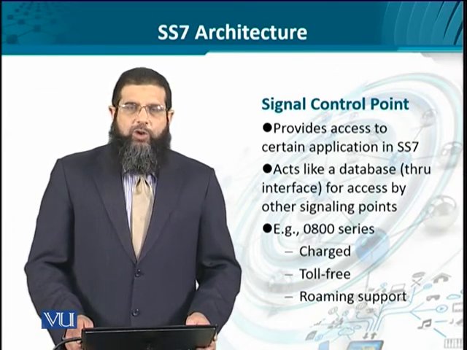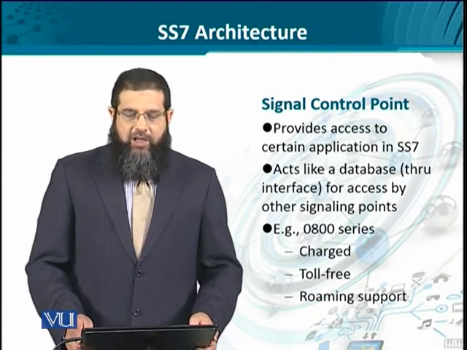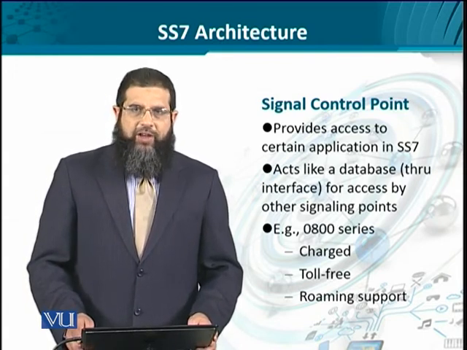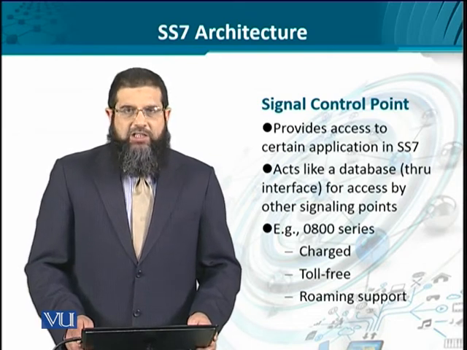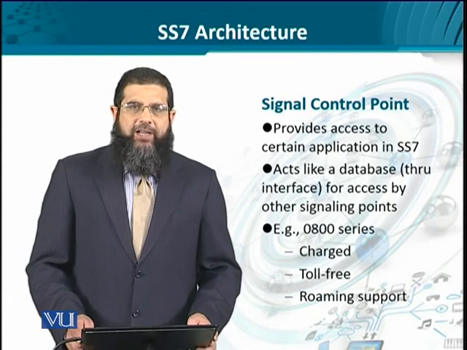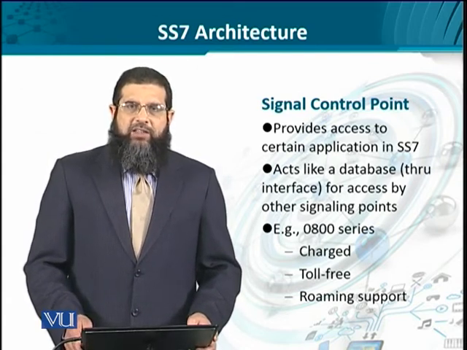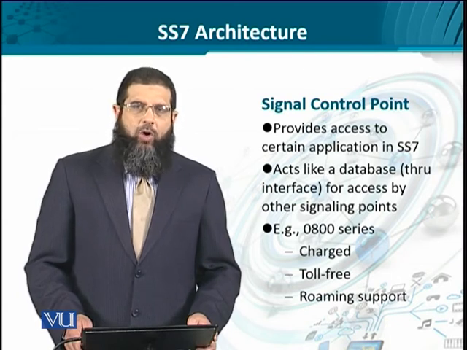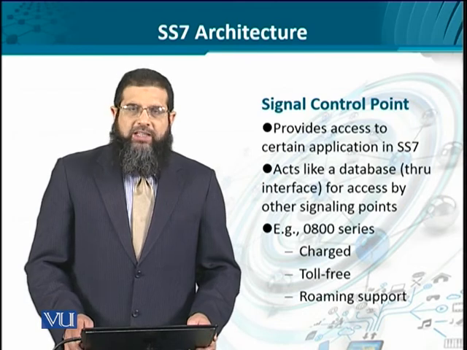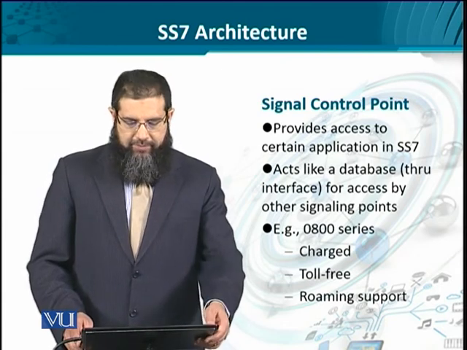For instance, you might have heard of 0800 series of numbers, which are either free or charged. Sometimes for PLMNs, as in mobile networks, mobility related information, such as where the called party is at the moment or where the calling party is calling from, is required. So all these services are provided to the network using this entity, the signal control point.